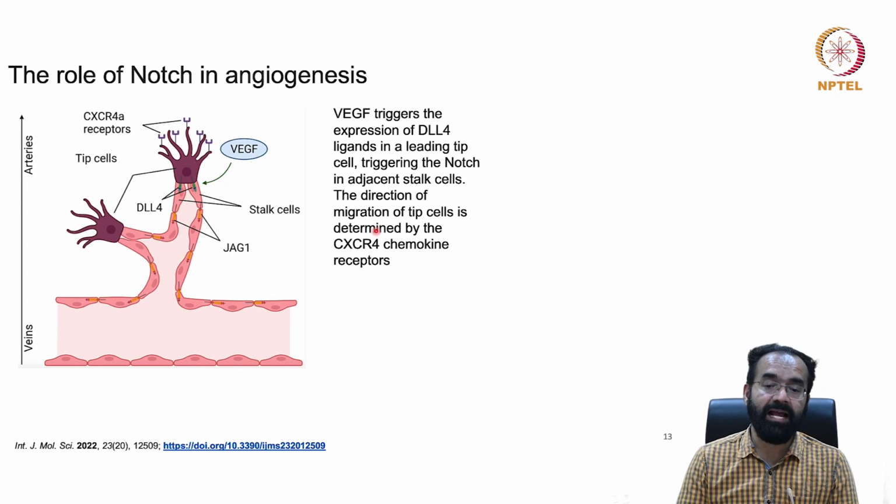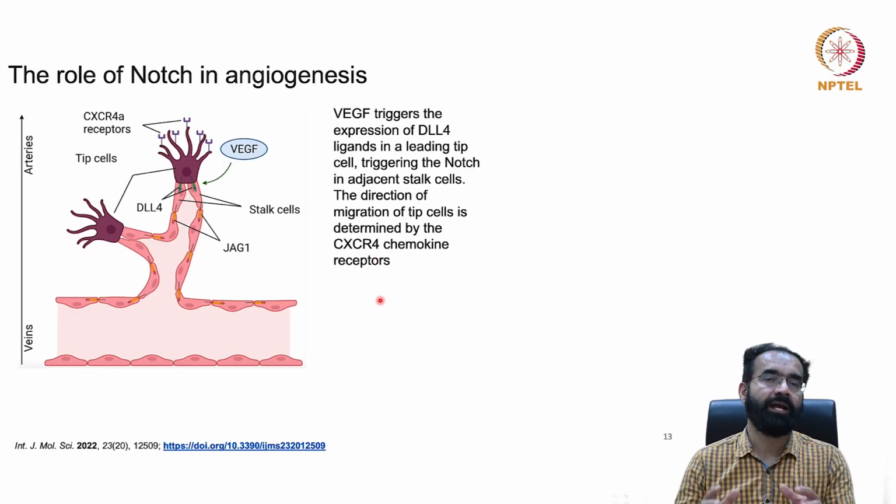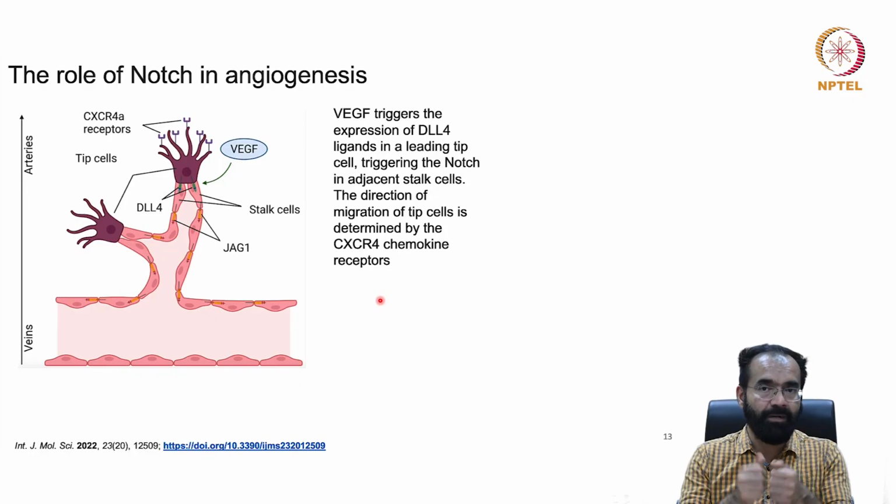So the direction of migration of the tip cells is determined by the CXCR4 chemokine receptor. Chemokines, we know, attract the cells. When chemokines are released, it's almost like a bait, how you do fishing. You have a rod and a hook and a bait, you have put it. Ultimately, if a fish is on your hook, it will come to you.